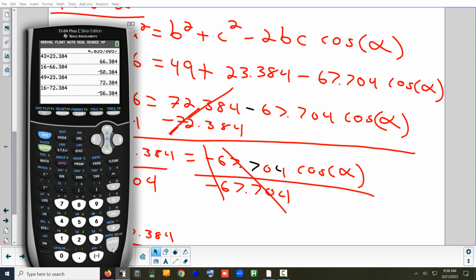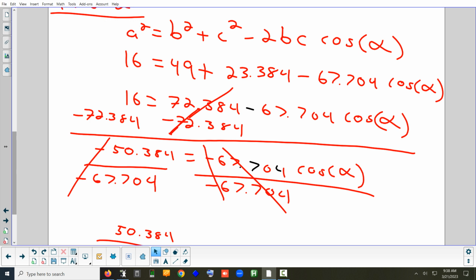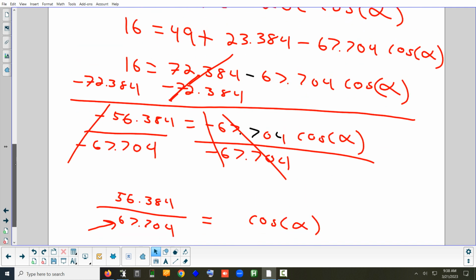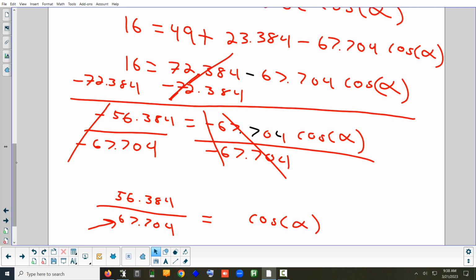So that gives me negative 56 instead of negative 50, because the number I typed in was 6 off. So that's a negative 56. Now I think everything else is okay. At this step, we need to make sure that the number in the bottom is bigger, and it still is, so that's good.